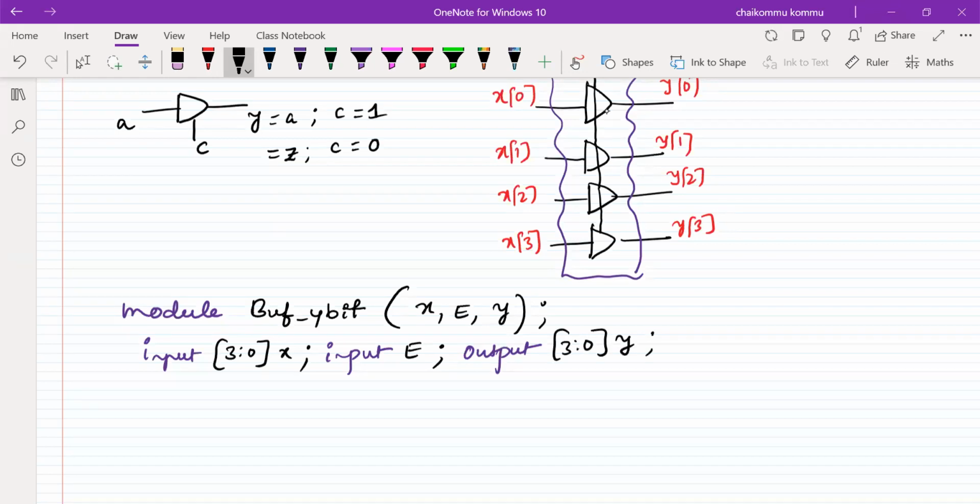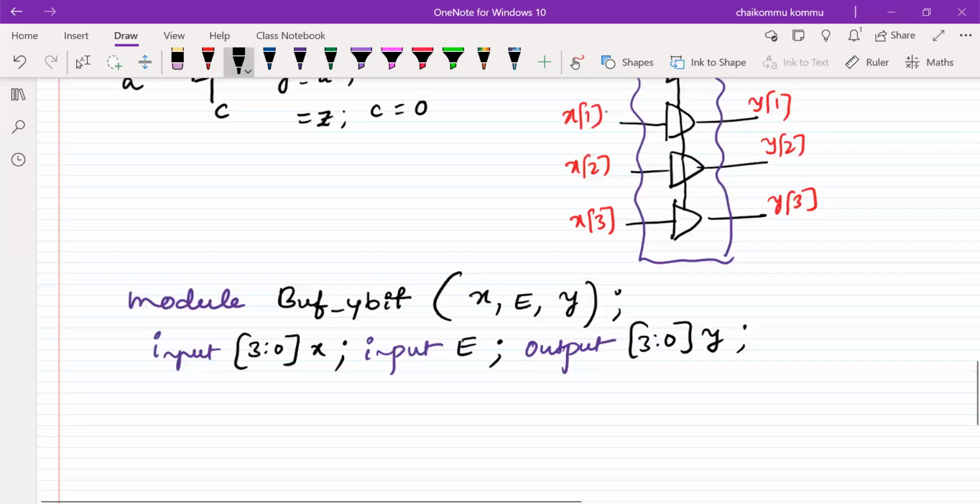Whenever you are writing tri-state buffers, we have to understand that the tri-state buffer will go to the high impedance state if the enable is not active. Whenever 2 or 3 lines are connected at a particular point, it is better to consider the output as a tri data type instead of the default wire data type. Therefore, it is better to consider the tri data type.